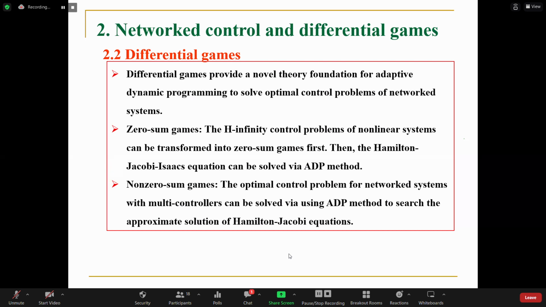Then the Hamilton-Jacobi-Isaacs equation can be solved via the ADP method. The optimal control problem for networked systems with multi-controllers can be solved by using the ADP method to search the approximate solution of Hamilton-Jacobi equations.